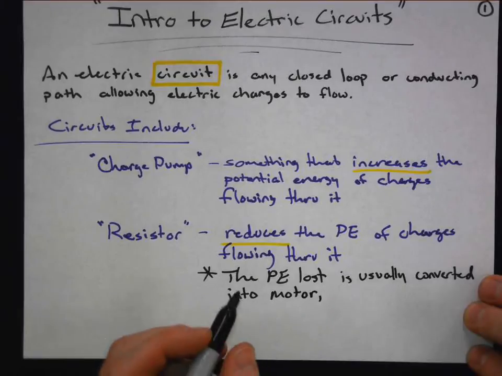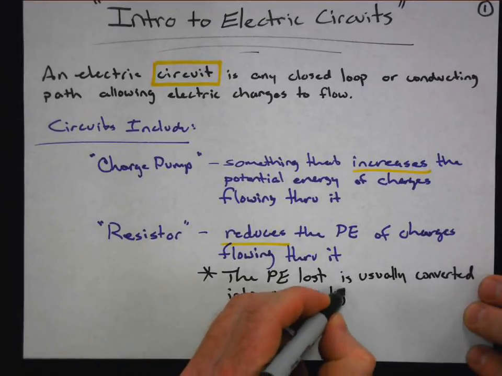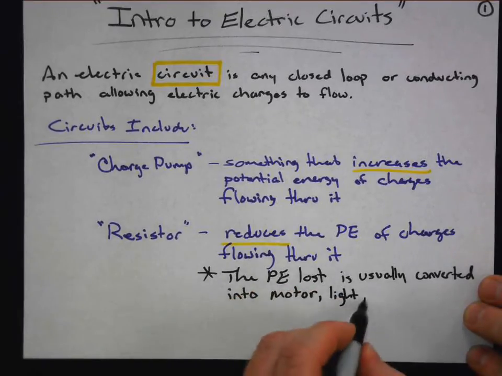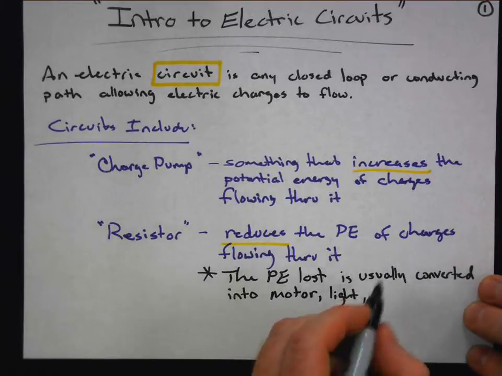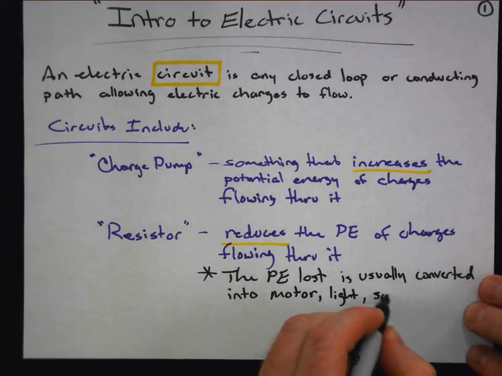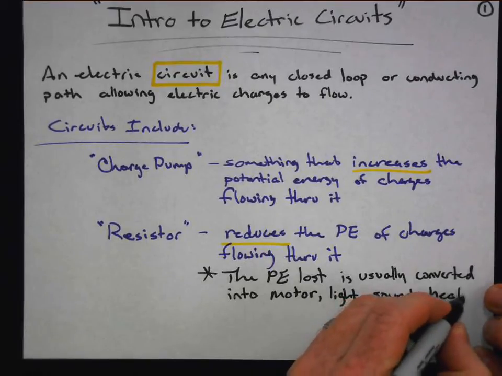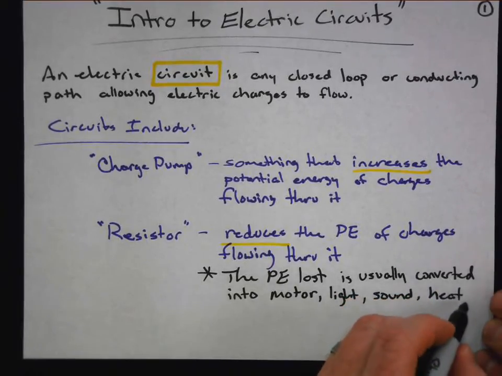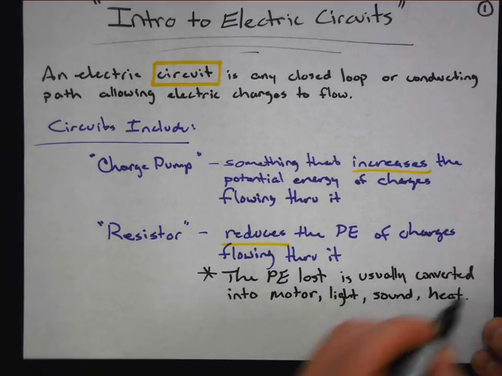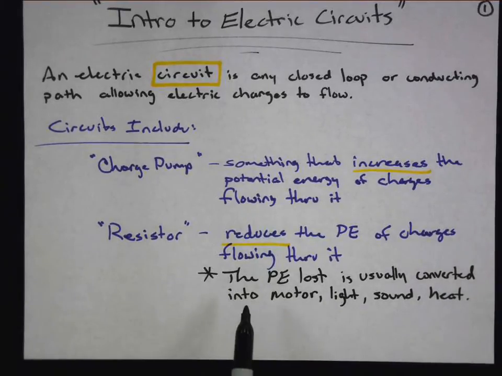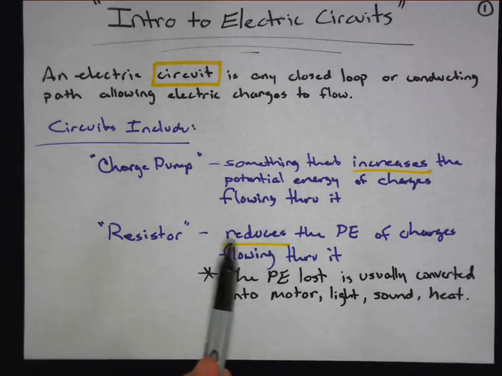You might have a light bulb that makes some light for you. You might have a little speaker making sound. You might simply want some heat out of it. So energy is conserved. The energy that's taken out of the circuit isn't just destroyed and lost. It's converted to other stuff.